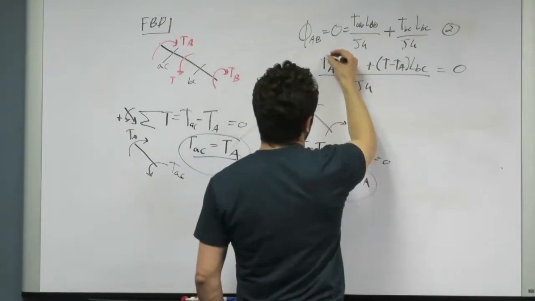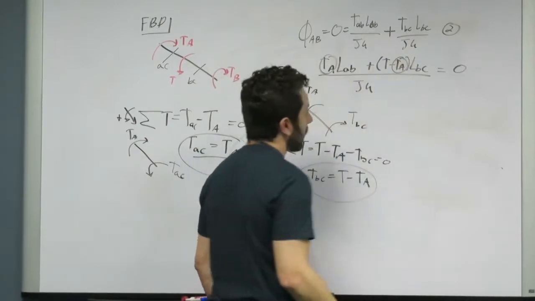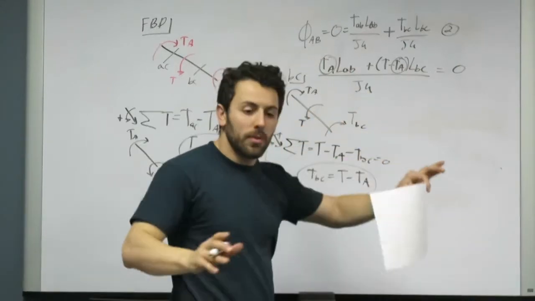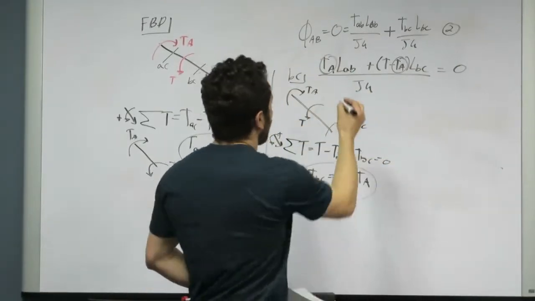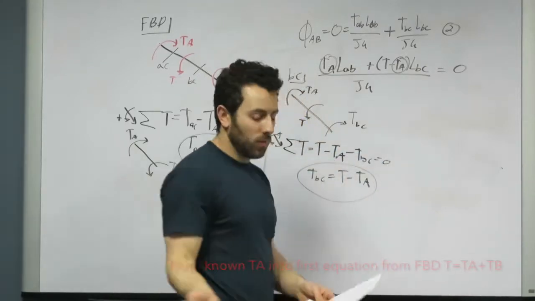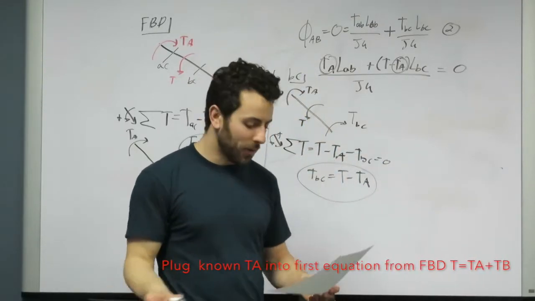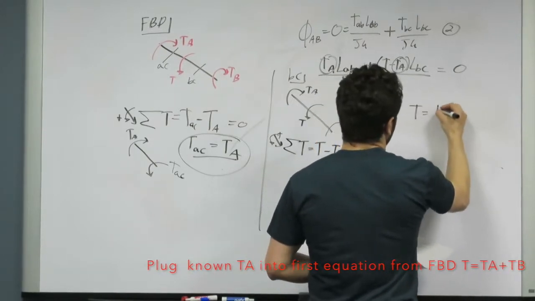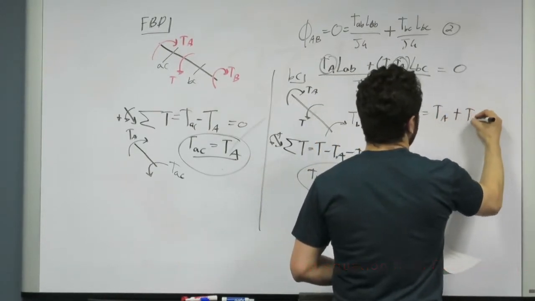Now we just solve for TA, because we have one unknown. We know the lengths, we know the geometry, and once you solve for this, going back to the notes, we can apply that in our free body diagram in our first equation of T equals TA plus TB.